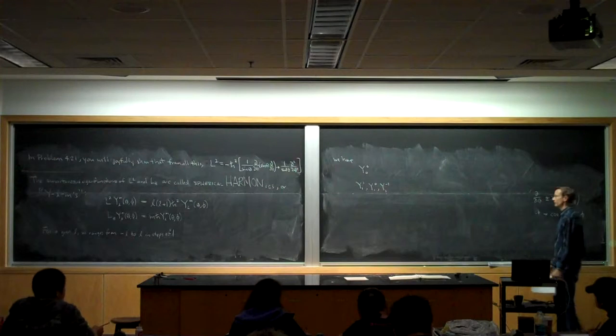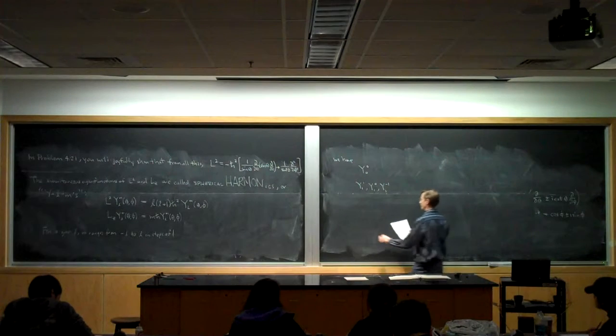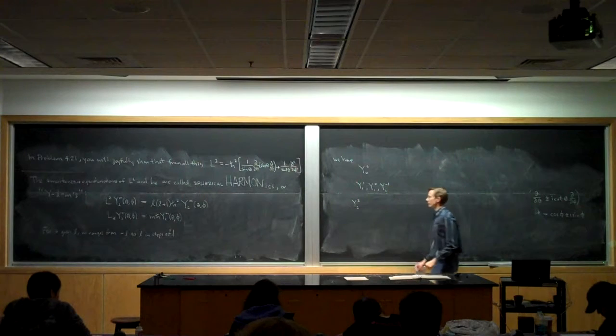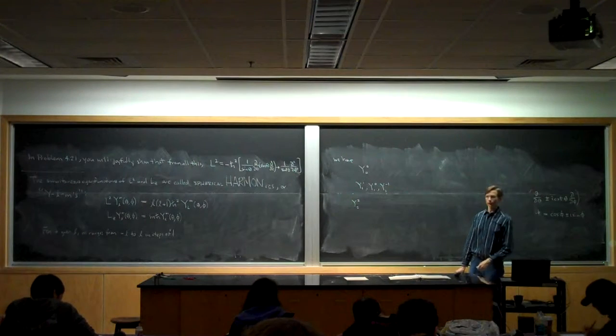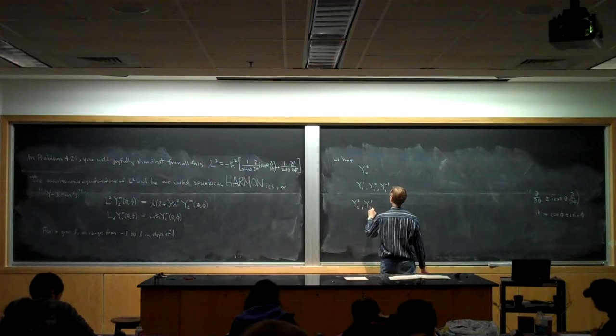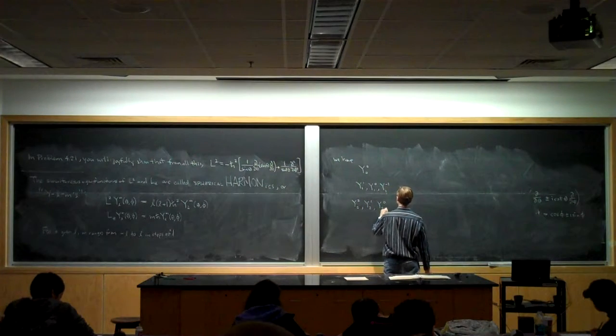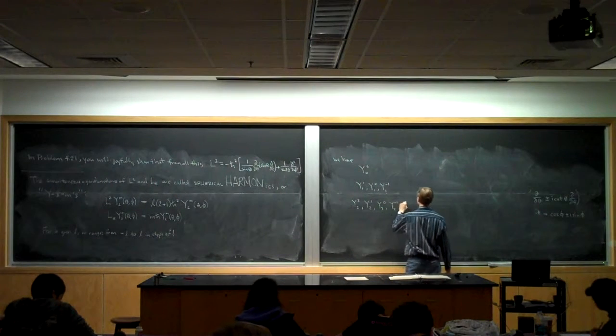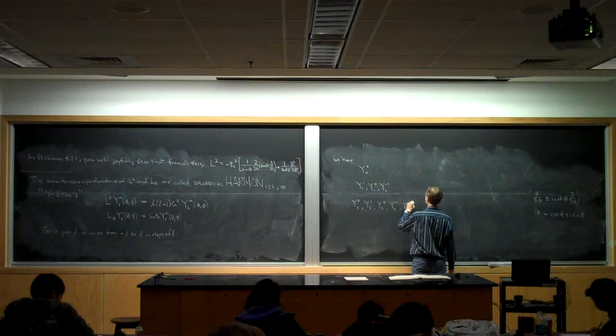There's Y1, Y0, Y minus 1. For L equals 2, there's Y22, Y21, Y20, Y2 minus 1, Y2 minus 2.